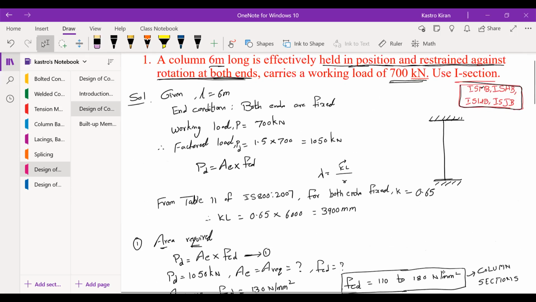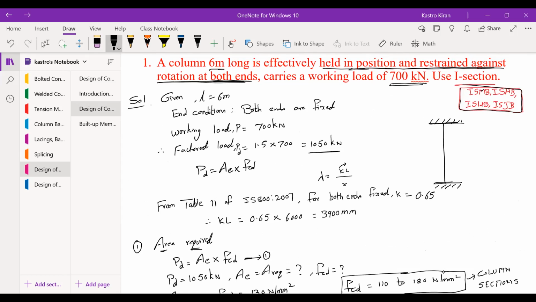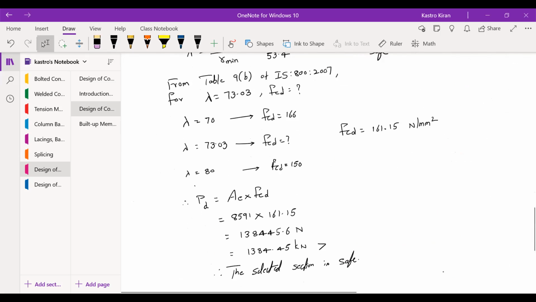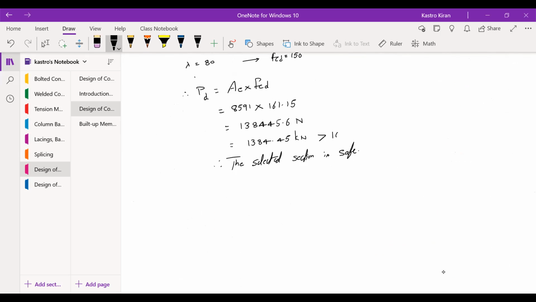You can see it is 1050 kilonewtons. Don't take it as 700, it is the working load. If in the question they directly give the factored load, then you can take that value. Since the working load is given, you have to multiply with 1.5 and consider that as the factored load. So the PD value must be greater than the factored load. So it is greater than 1050 kilonewtons. Therefore, the section is safe.